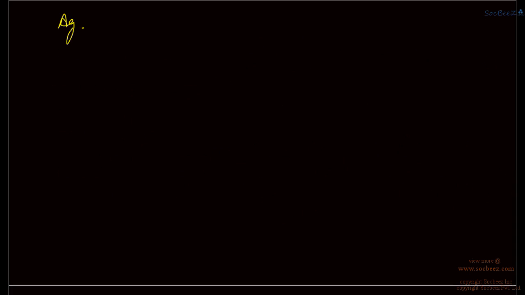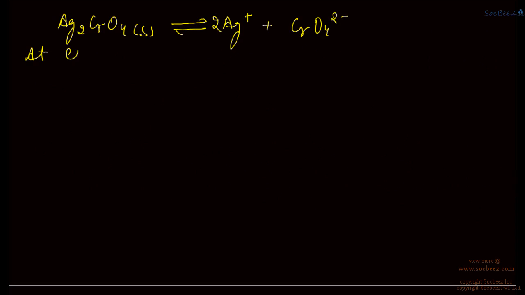Therefore, for Ag2CrO4 dissociation at equilibrium, since this is solid, we are not going to consider its concentration, and hence at equilibrium it is 2x and it is x.